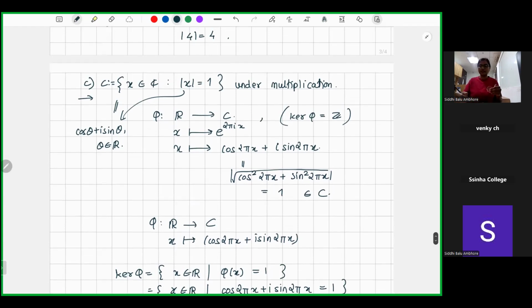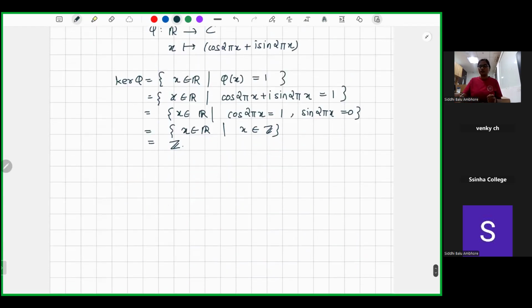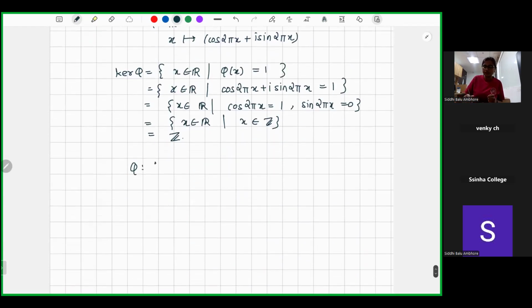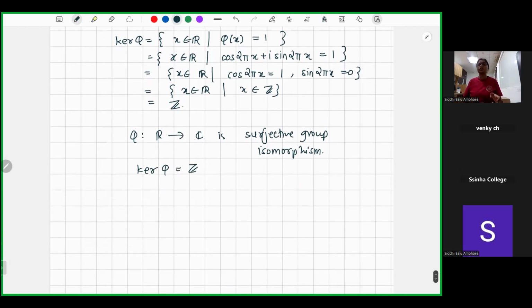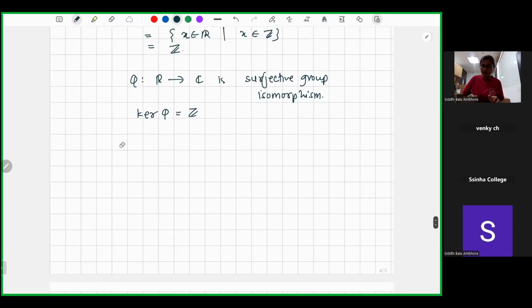So that's what I said here, that please check that these two sets are equal and I can obtain such theta from R. Okay, and then this phi from R to C is onto, or onto means surjective, a group isomorphism, and we just showed that the kernel of phi is Z.